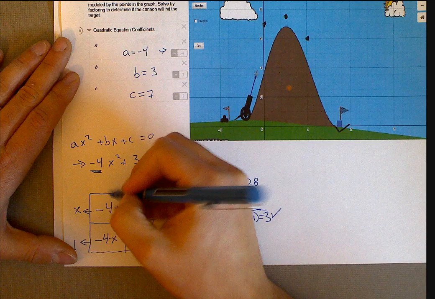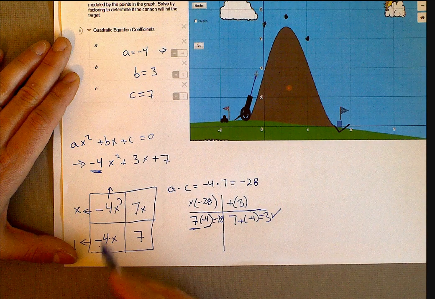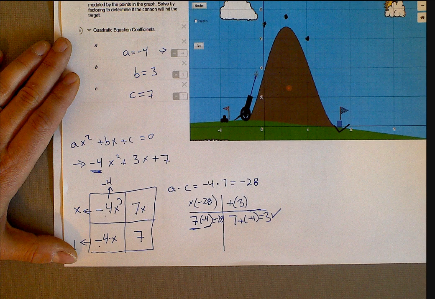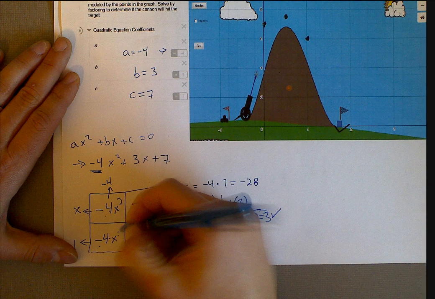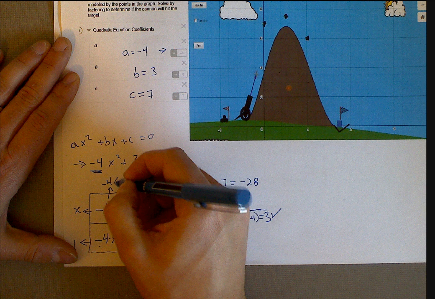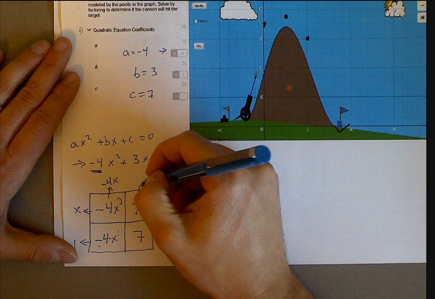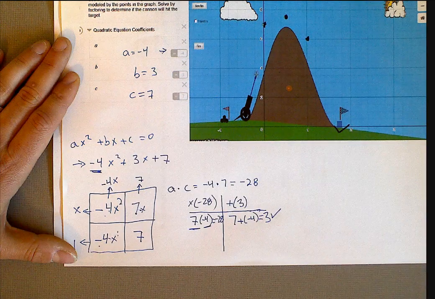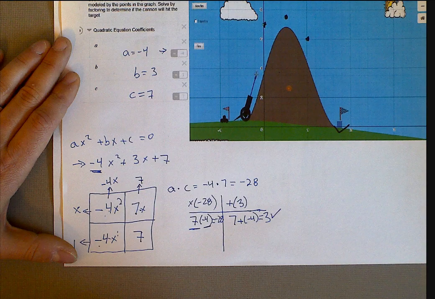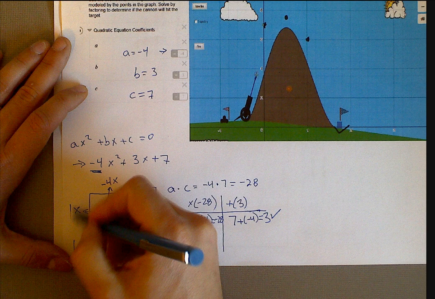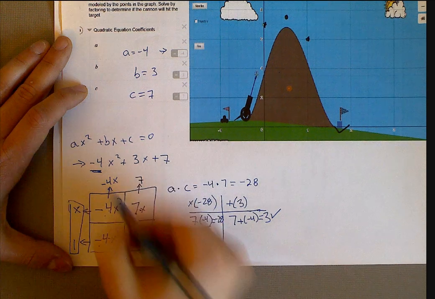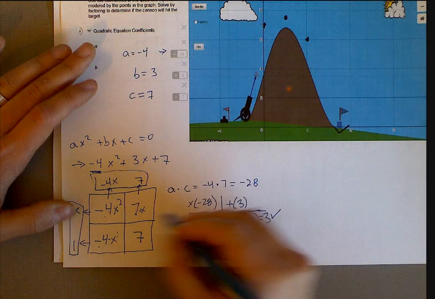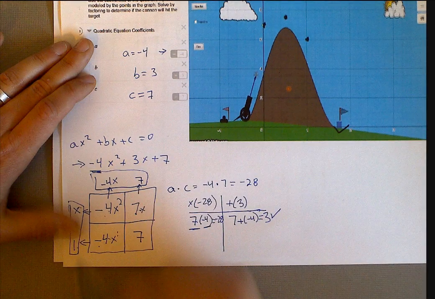We'll do this column. -4 and -4 share a -4, of course, and then they both have an x, so we'll factor out the x. And then the last column, we have 7x and 7. We're going to factor out the 7. So now we know that the factors of this quadratic equation are -4x and 7, and then x and 1.